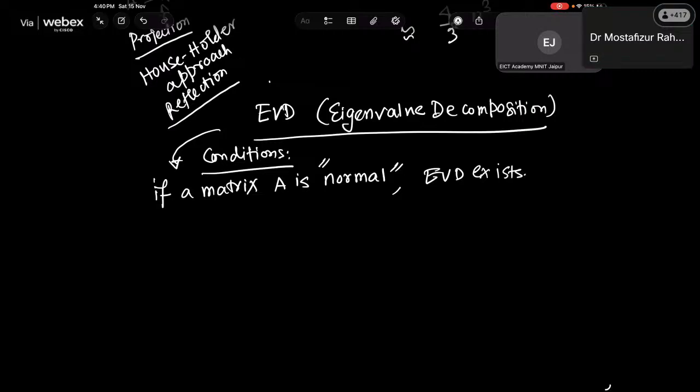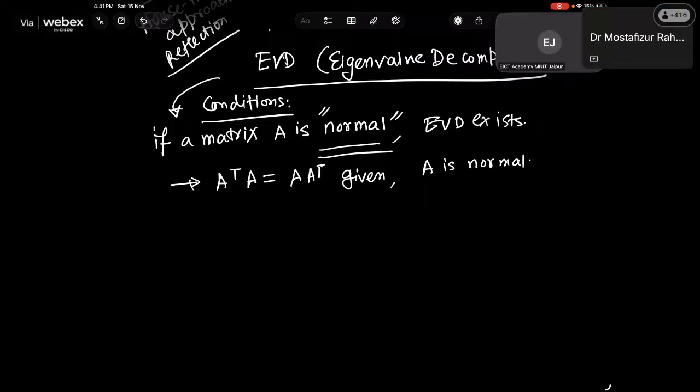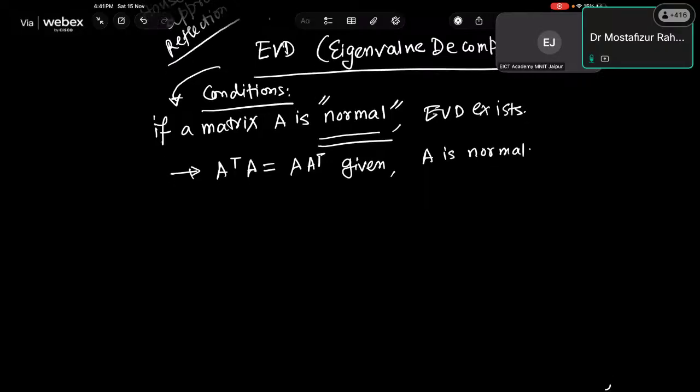What is normal? A is normal if A transpose A equals A A transpose. If this condition is given, then we call A normal. This is a concrete condition for EVD to happen, or for the matrix to be diagonalizable by the eigenvalue decomposition technique.